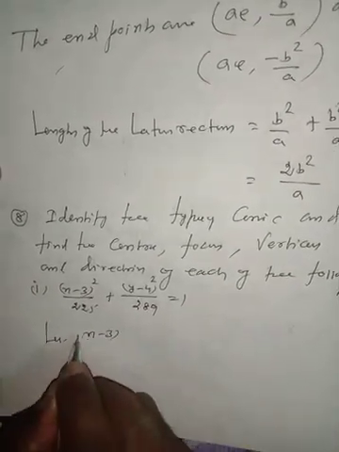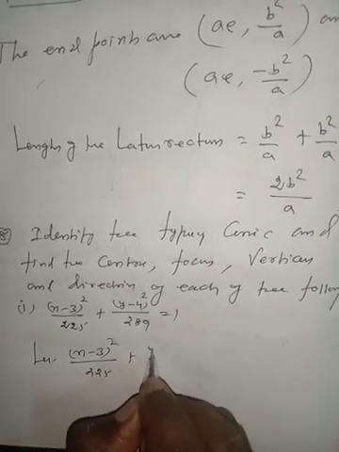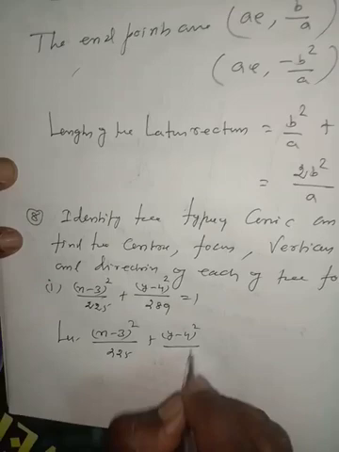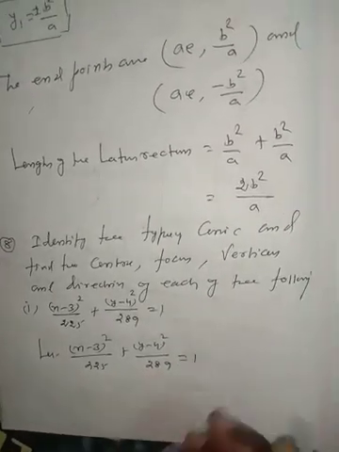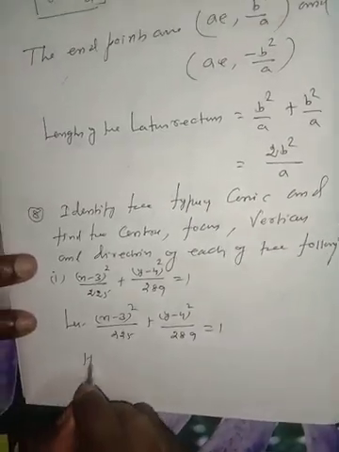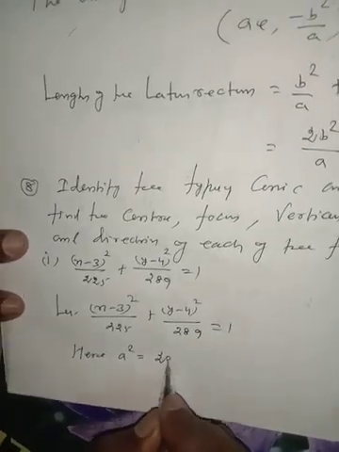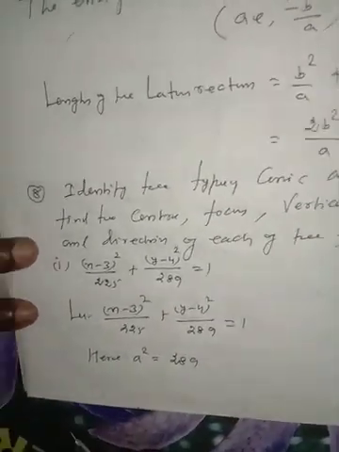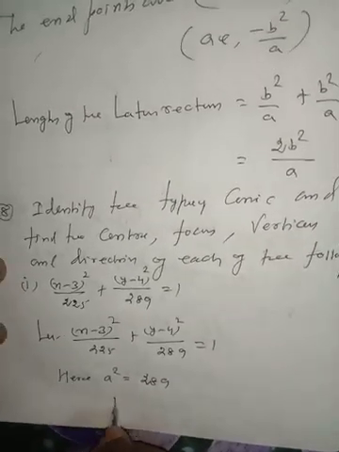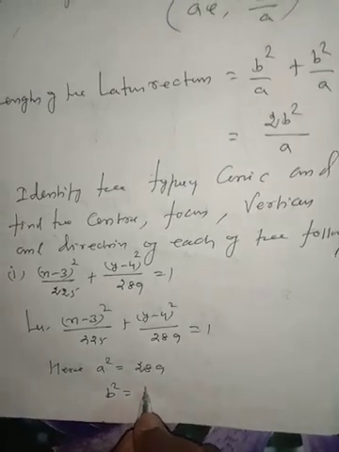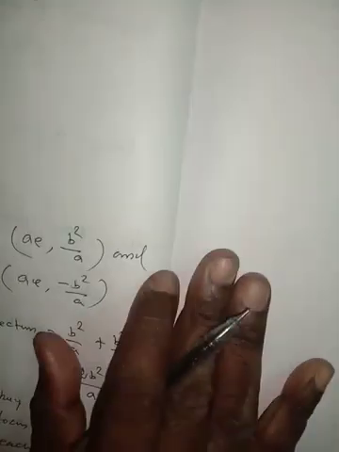Here a square is equal to 289, taking the square root, a is equal to 17. Next, b square is equal to 225. Taking the square root, b is equal to 15.